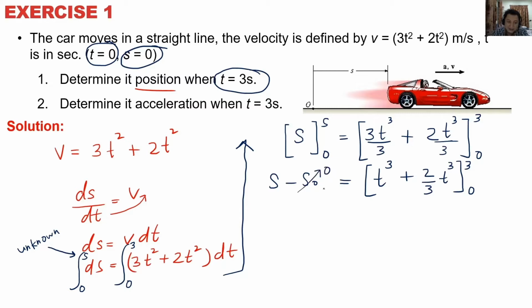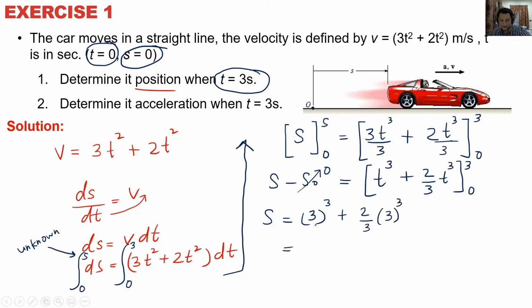Displacement is 0. S naught is the initial position, so there's no displacement yet. So S is equivalent to, you've got to plug in already, 3 cubed plus 2 over 3 times 3 cubed.